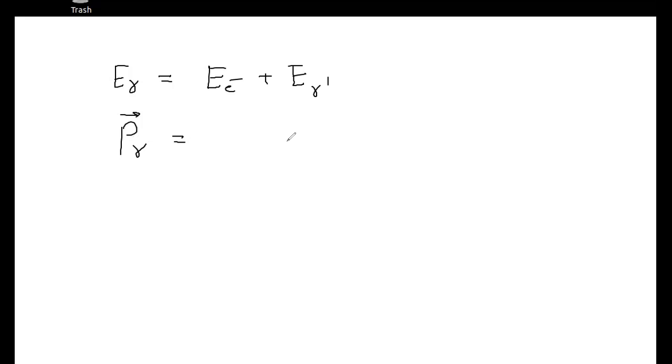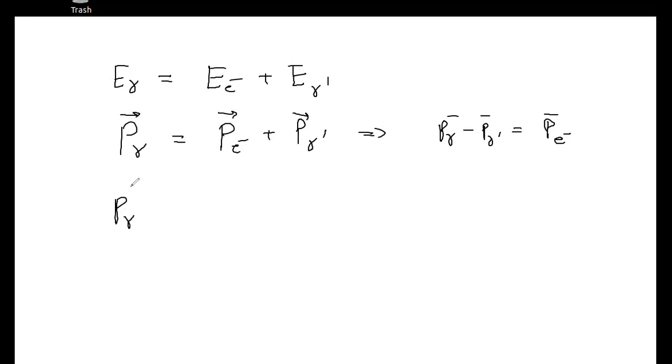The initial momentum should be equal to the final momentum of my system. So you can rewrite it like this: P gamma minus P gamma prime equals P electron. And then you can square this. Double dot product.